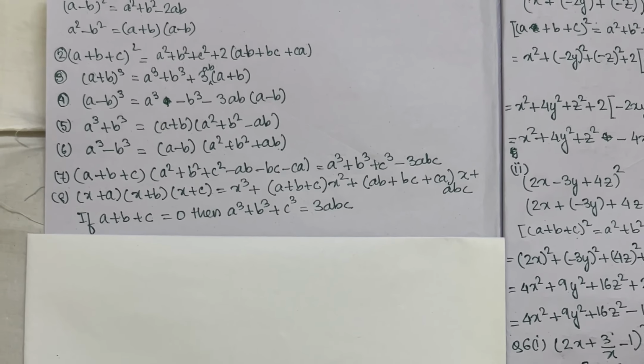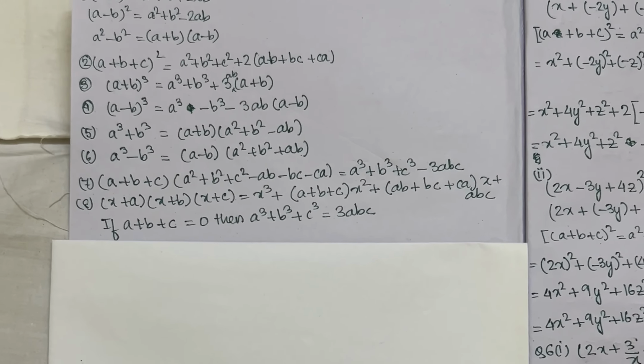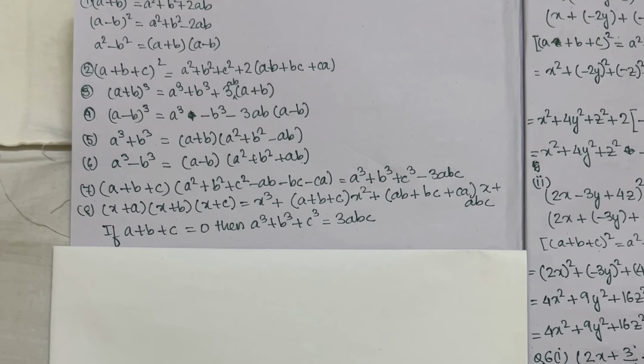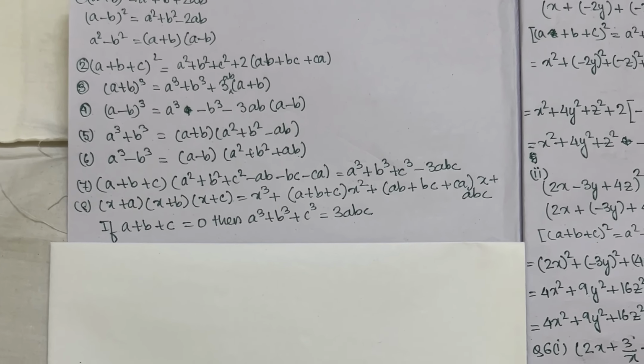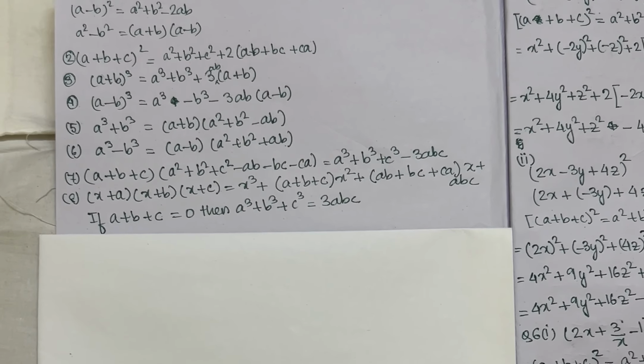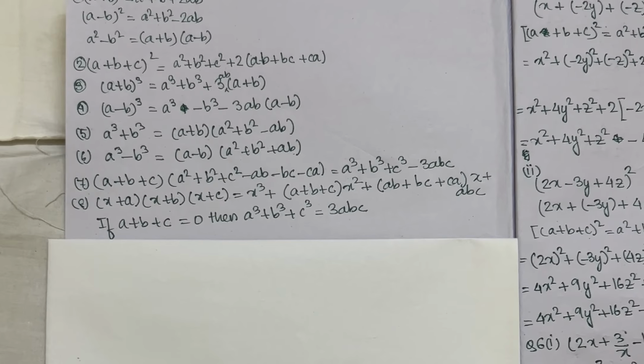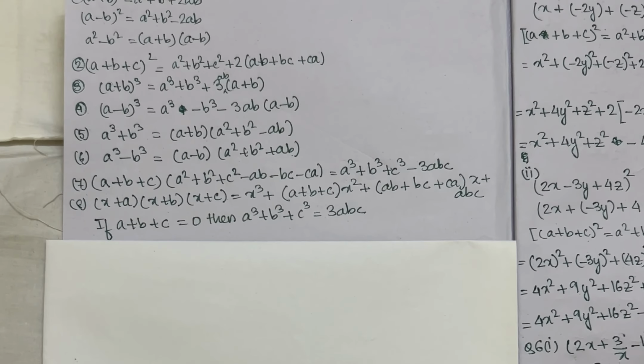Then (a plus b) whole cube, that is a cube plus b cube plus 3ab into (a plus b). If you want, you can also substitute the 3ab into (a plus b) in a more simplified form, so it becomes 3a square b plus 3ab square.